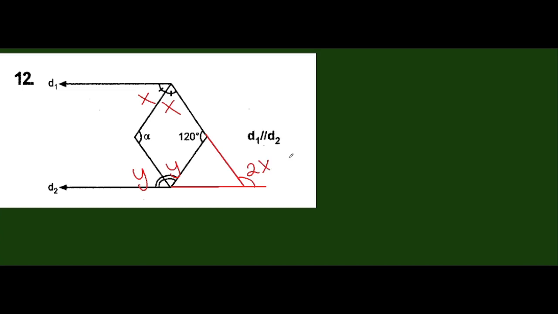Why 2x? As this angle is 2x, this will also be 2x, as the alternate angles are equal. And then this angle will be pi minus 2x.